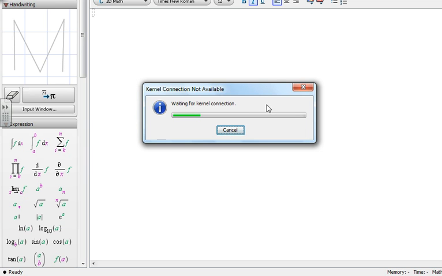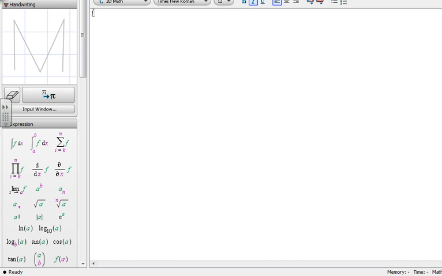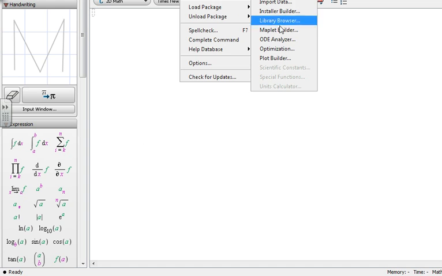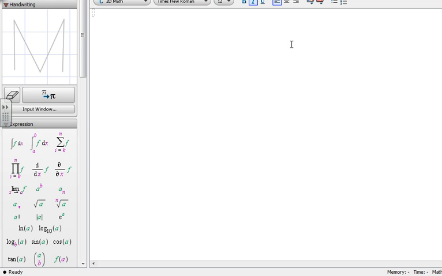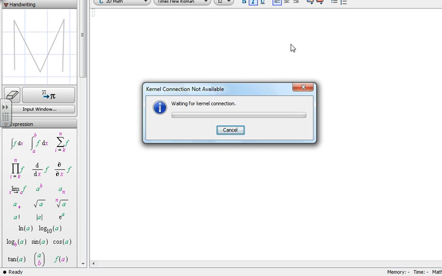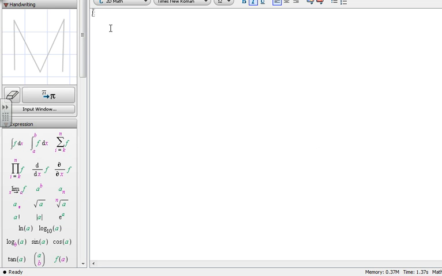What in the world are you doing? Why are you taking so long to do something that should be easy to do? Kernel correction not available? I have no idea what that means, but it looks weird. Let's try it again.